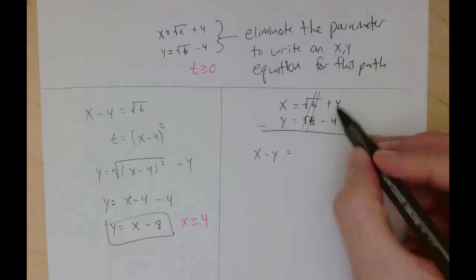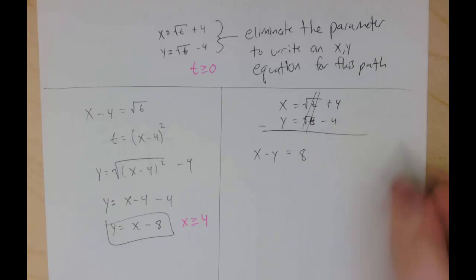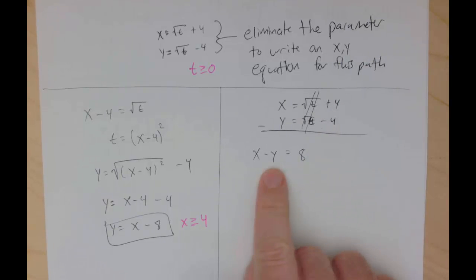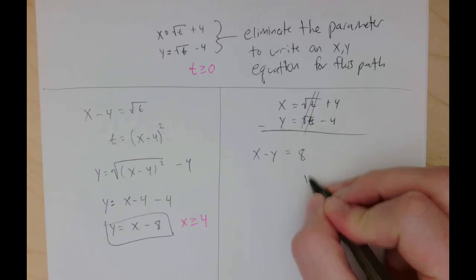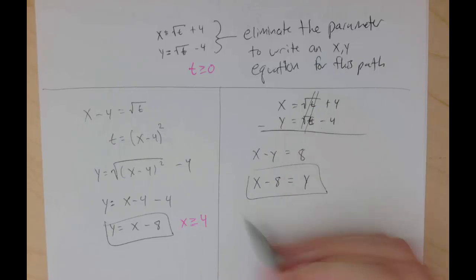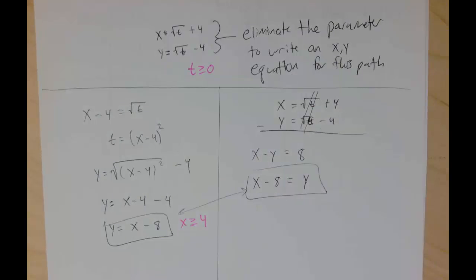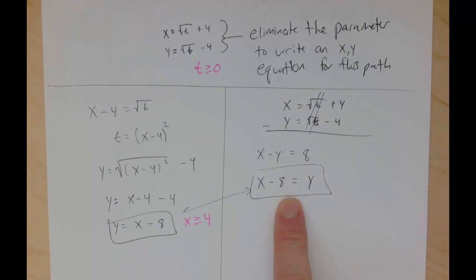And now I've got 4 minus negative 4, which gives me 8. Now if I just reorganize, I'll move the y over by adding y and subtract 8 from both sides. And I've got y equals x minus 8, which is the same thing that I had before. And the discussion about the time restriction causing a domain restriction still applies.